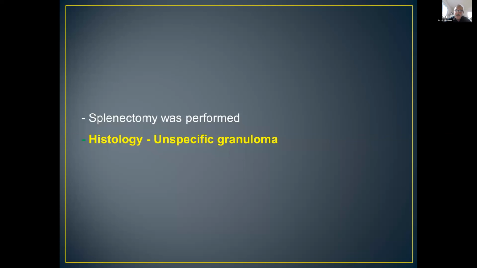You can take a biopsy of the spleen. Yes, but it depends on the surgeon or interventional radiologist, if every department has one. This case was in 2010, and at that moment, splenectomy was the option.